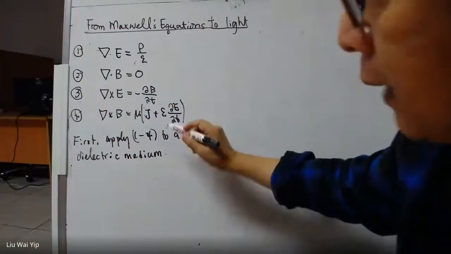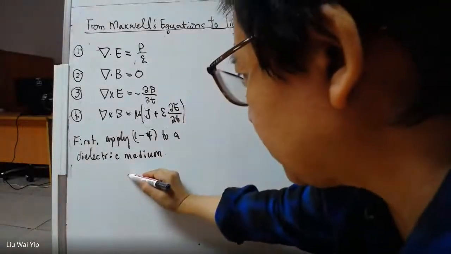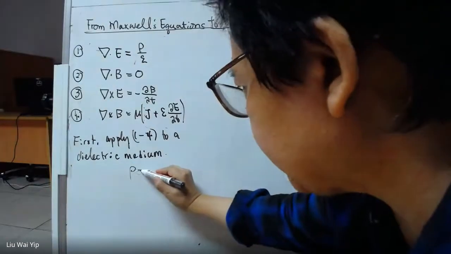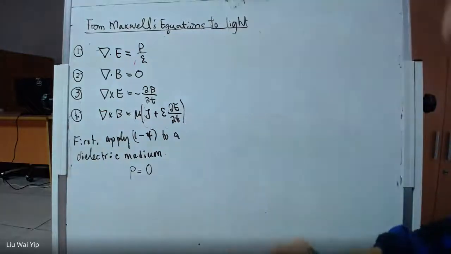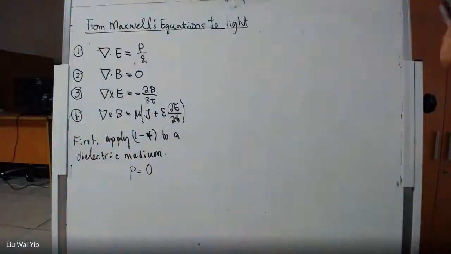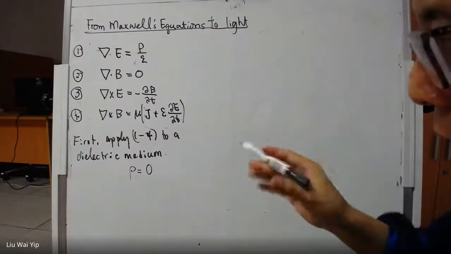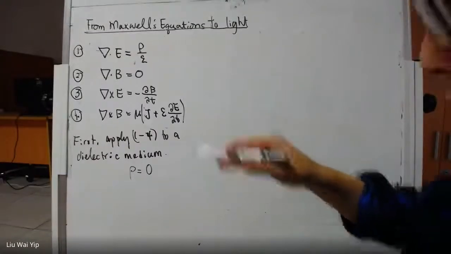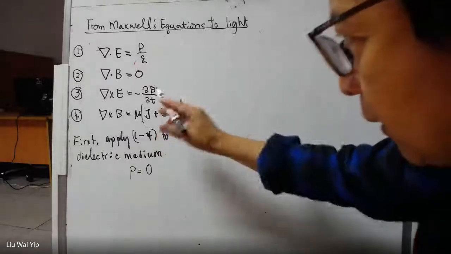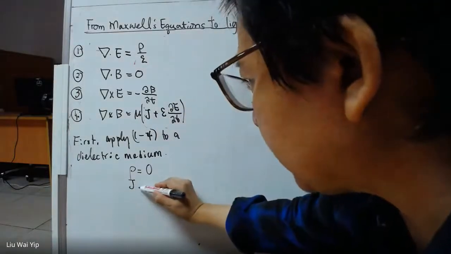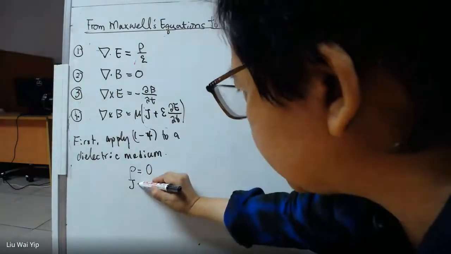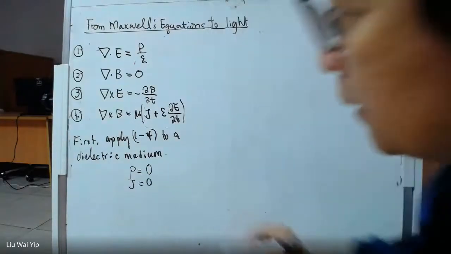It shouldn't contain any charge. So in this case, the charge density should be 0. And being an insulator, it should not carry any current. So the current density, the conductive current density J, should be 0.